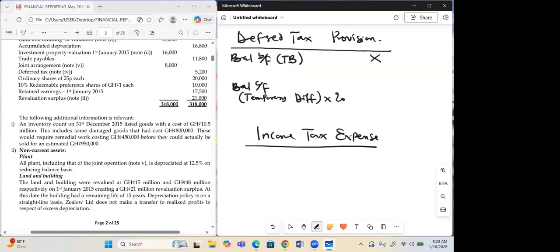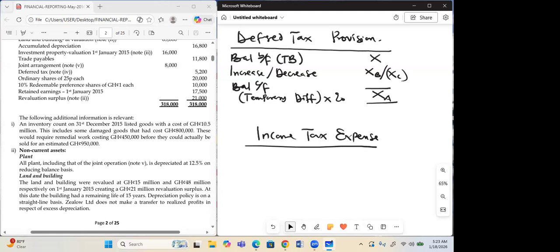Is that clear? Okay. So when you multiply and you get this, let me call this FA. When you compare, there will be an increase or decrease. Let's assume the increase is XB and the decrease is XC.